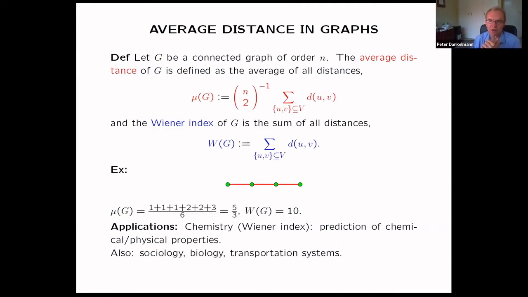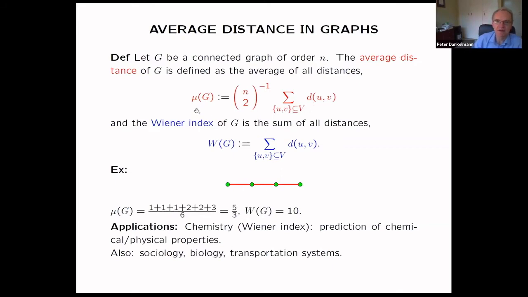But depending on which aspect of the graph we are interested in, it may be more relevant to know not just the largest distance, but, for example, what a typical distance is like. So what would be the average of the distances? Ignore the outliers, the few pairs of vertices that have very large distance, but what would be on average the distance between two vertices?